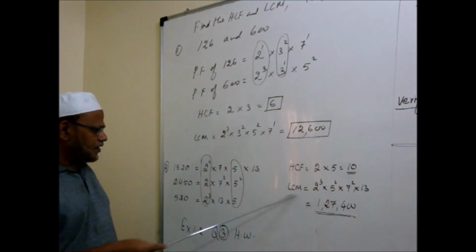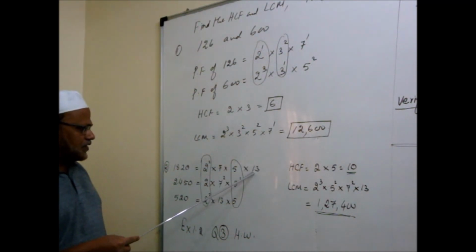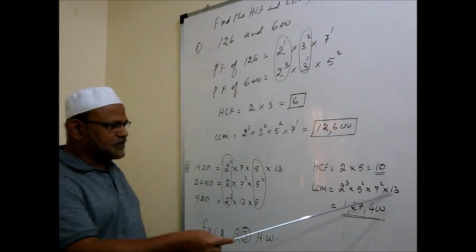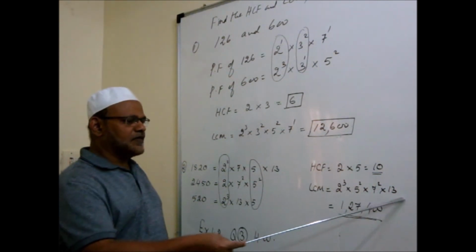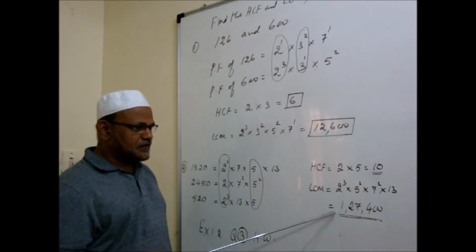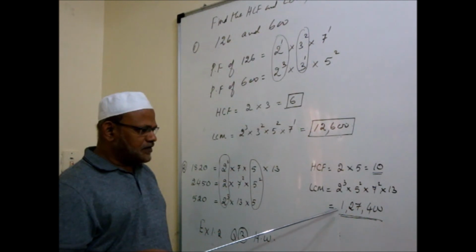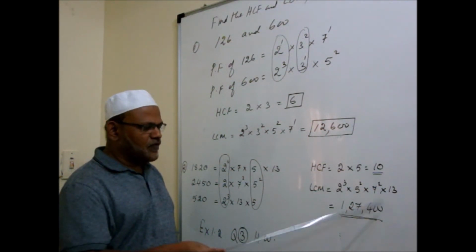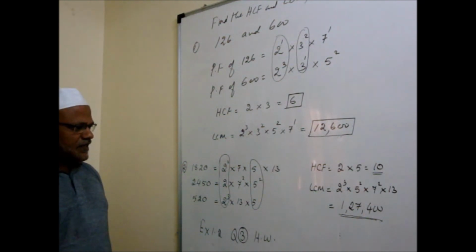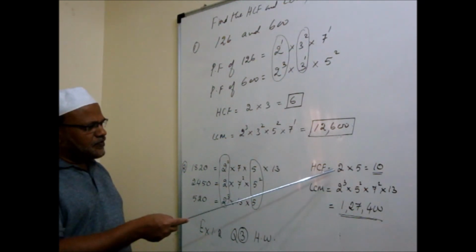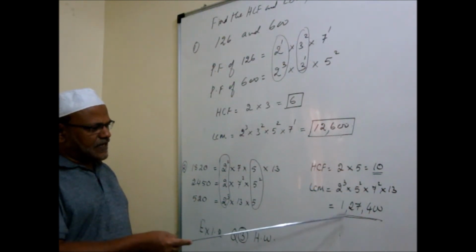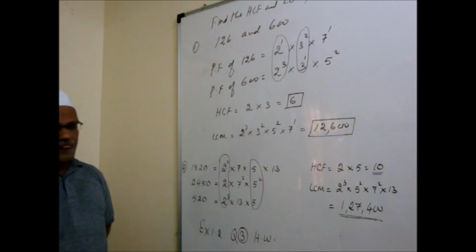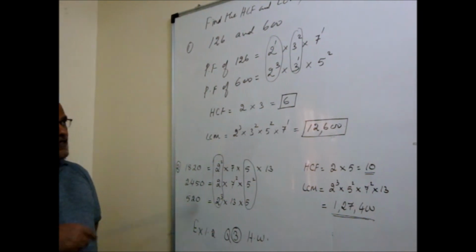For 13, there is one here and one here, but the highest power of 13 involved is 13 power 1, so 13. You multiply all these and you get 1,27,400. This is the LCM. So HCF is 10 and LCM is 1,27,400. This is when you are calculating with three numbers.